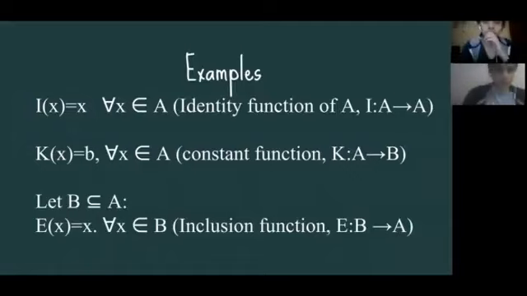So that's the idea of it being injective, and for the idea of it being surjective, now you know that if x belongs to A, then I of x belongs to A. But x forms all the elements of A, and I of x equals x, so there are as many x's as there are I of x's, and you know from the definition of function that every element in A is paired with something.